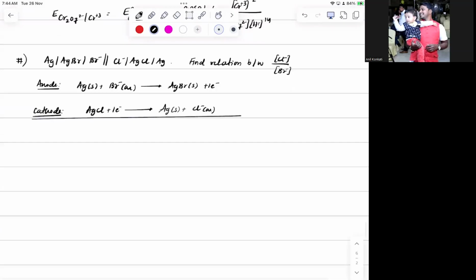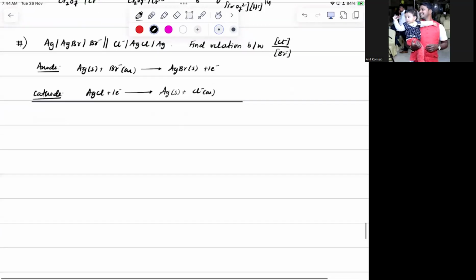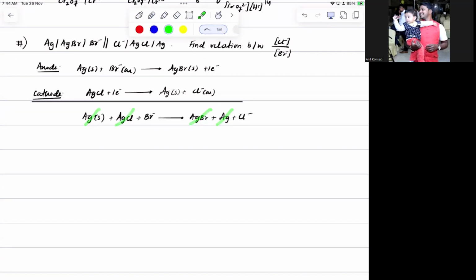Overall reaction: Ag solid plus AgCl plus Br minus gives AgBr plus Ag plus Cl minus. These are all in solid state, so we don't have to worry about them. So Q would be simply equal to Cl minus divided by Br minus.